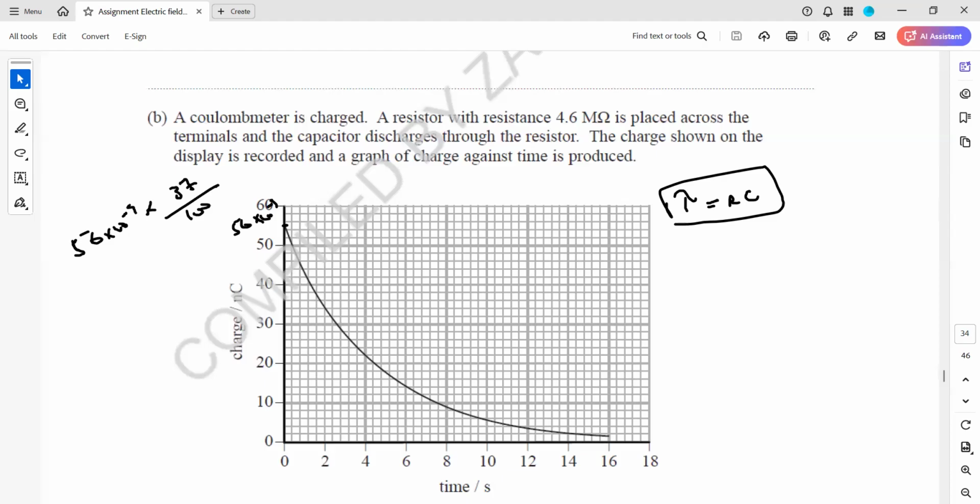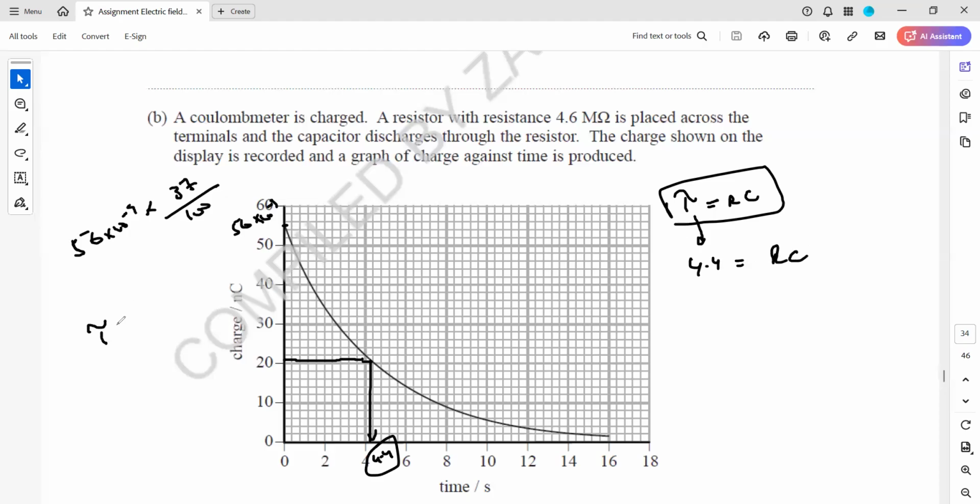So what we can do is draw a line from 20.72, because this will be 21 and this will be about 20.72, and we work out the time. So this is 4.4.